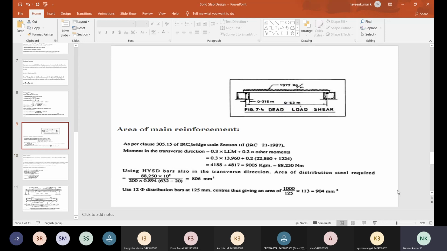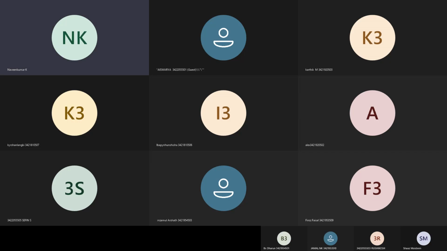So we got all the data, like the width of the carriageway and the width of the footpath, and we calculated different intensities: intensity due to the dead load, intensity due to the live load, and intensity due to the footway loading.